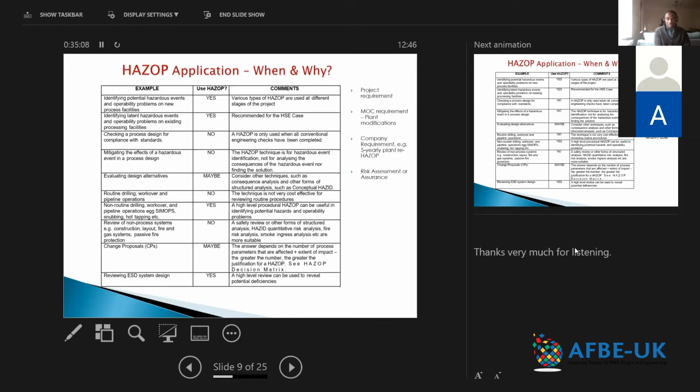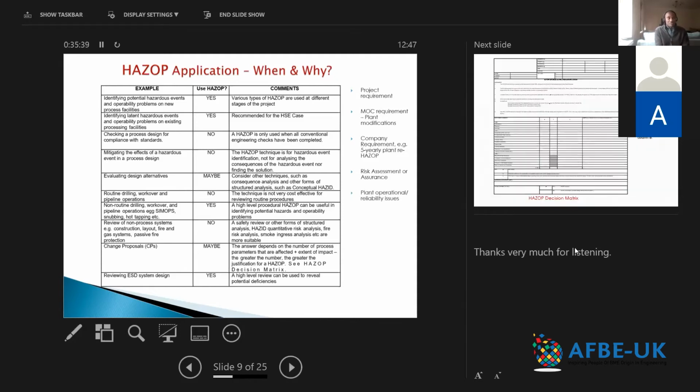In fact, when an assurance review is being carried out, as is typically the case at the end of projects, the question, as I said earlier, is to ask, has it been HAZOPed? Once someone hears that the HAZOP has been carried out and completed, everyone just breathes in and relaxes. But if there's been no HAZOP carried out, it leaves a few questions. How do we know, how are we sure? So that's what the HAZOP's for.